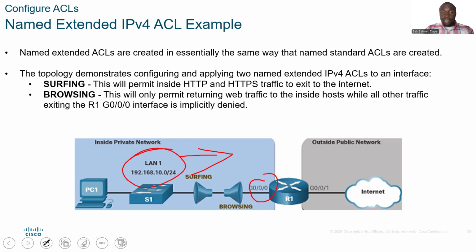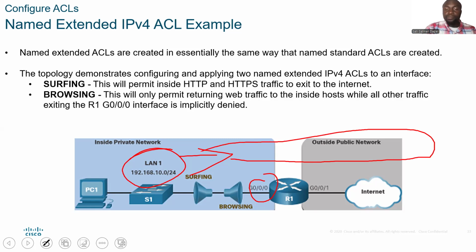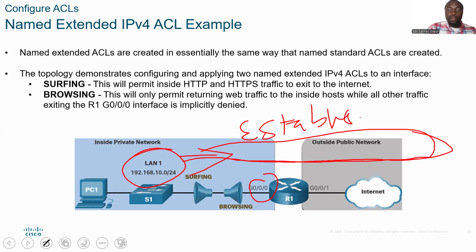What are we saying? You see, the traffic that goes out here, they are to come back again. They are saying that only the traffic that has been permitted to go out are the traffic that are called established. Those are the traffic that are established.